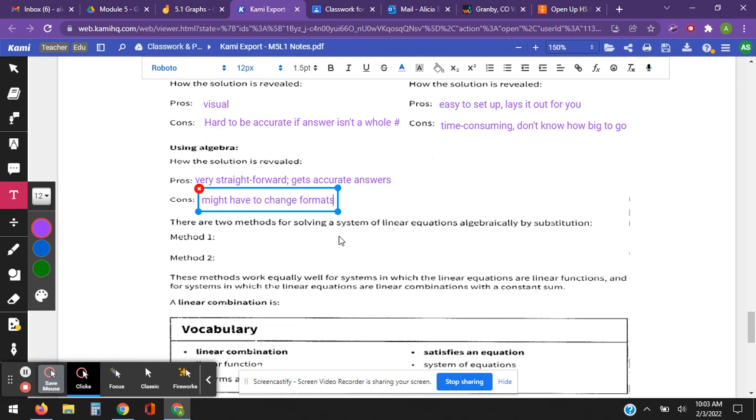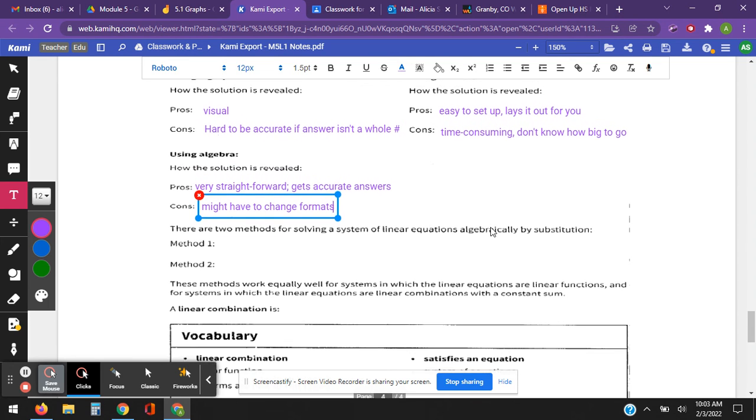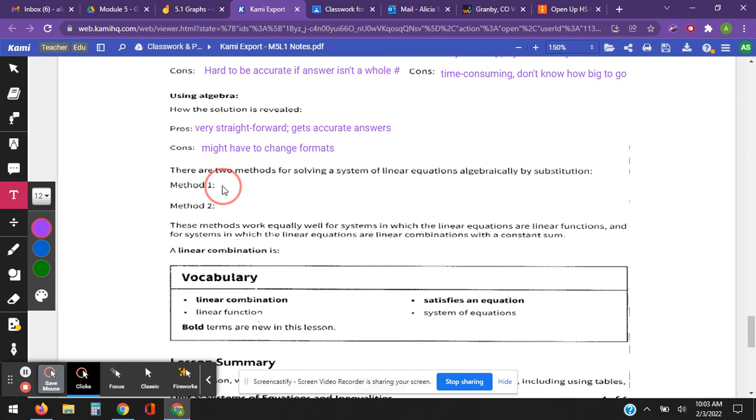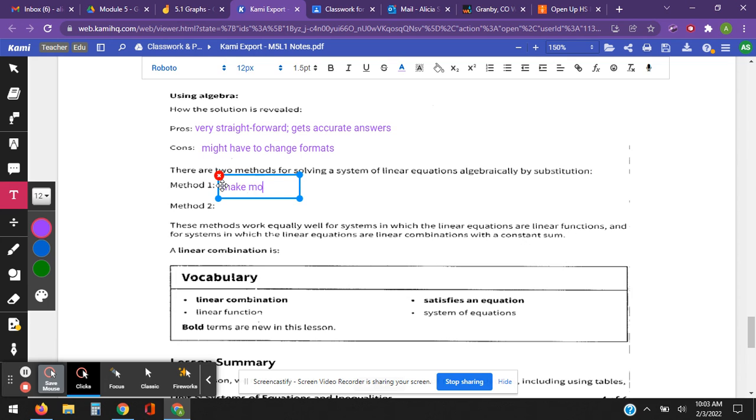Now there's 2 methods for solving with substitution. You would have learned this last year, but let's just double check that we know. We can make both equations equal to the same variable, then put them equal to each other.